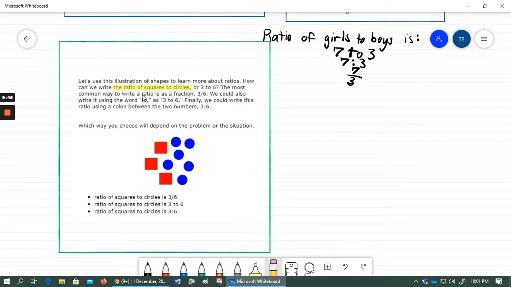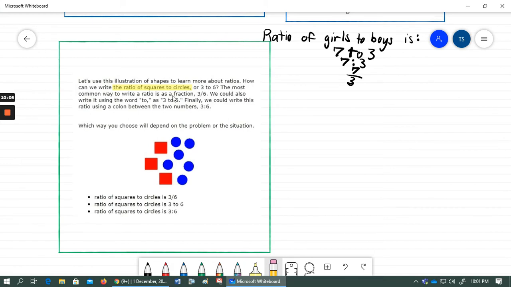Okay. All right. So we've got these squares and circles here, and they want us to write the ratio of squares to circles. So they're asking, how would you do that?